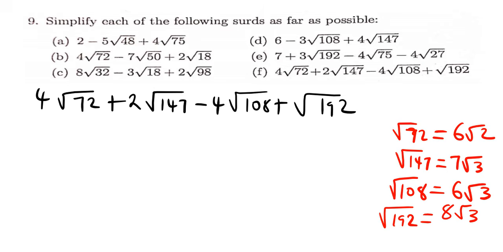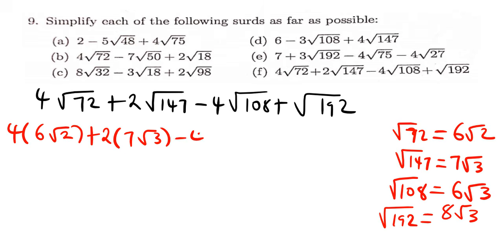Then we're just supposed to replace them. So I'm going to have 4 here. 72 is 6 root 2, plus 2. 147, we said is 7 root 3. Then minus 4. 108, we said is 6 root 3. Then plus 192, we said it is 8 root 3.